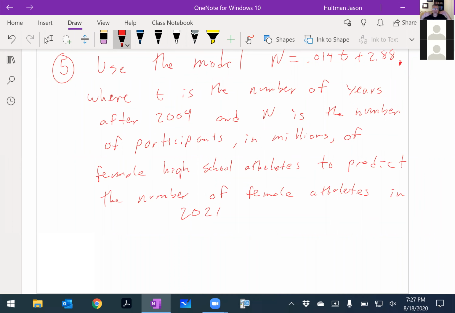Okay, so use the model where t is the number of years after 2004 and n is the number of participants in millions of female high school athletes. Predict the number of female athletes in 2021.